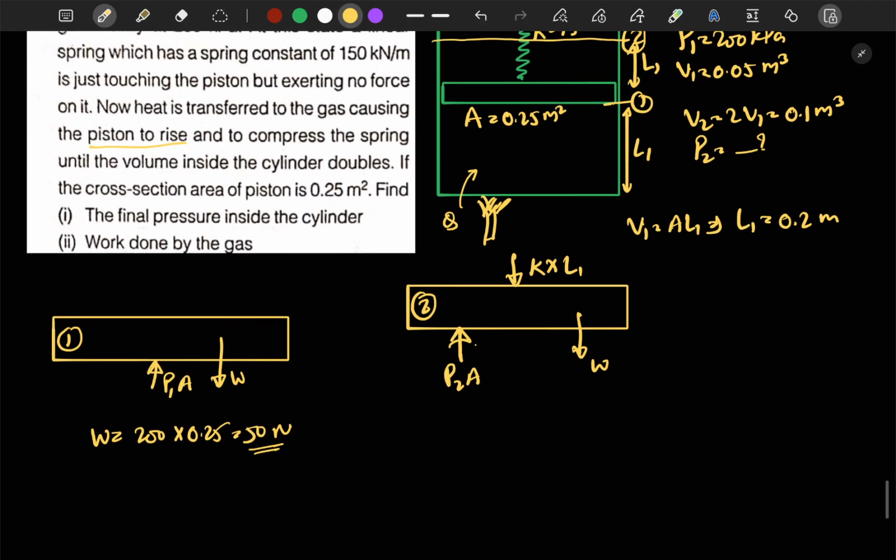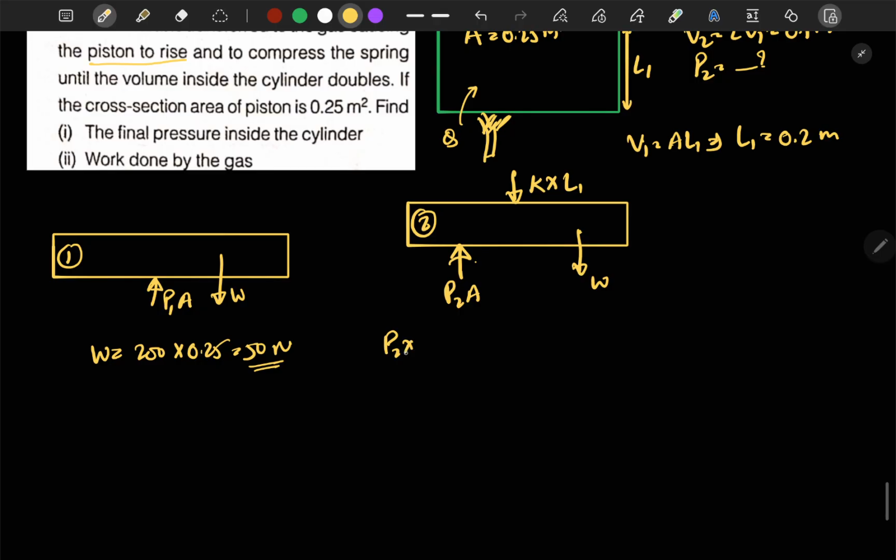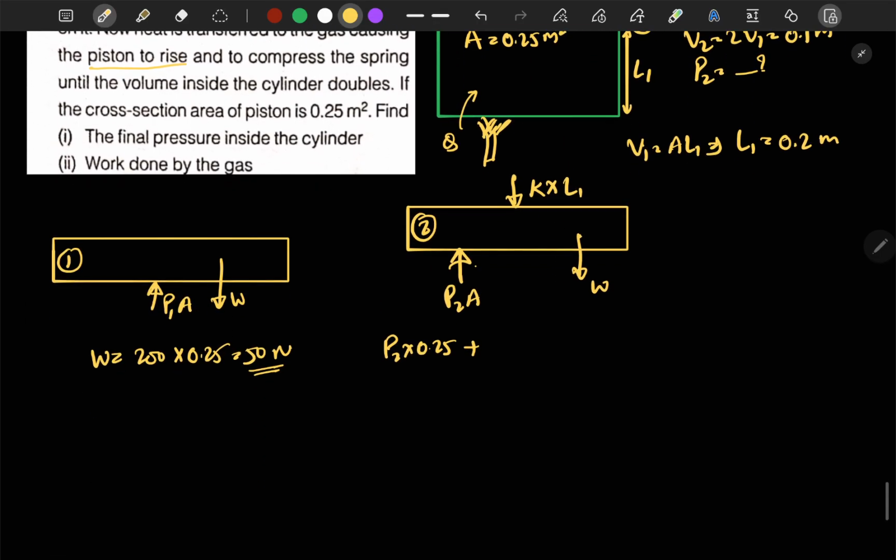So we can equate it: P2 into 0.25 equals the downward force, K which is given as 150, into 0.2, plus W which is 50. So 50 plus 150 into 0.2, this is the downward force acting due to the spring force, and divide by 0.25. So we got pressure P2 equal to 320 kilopascal.